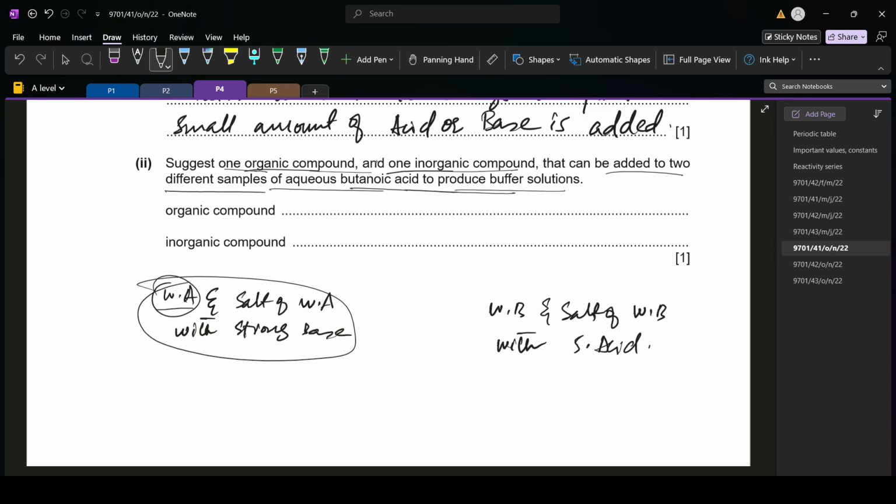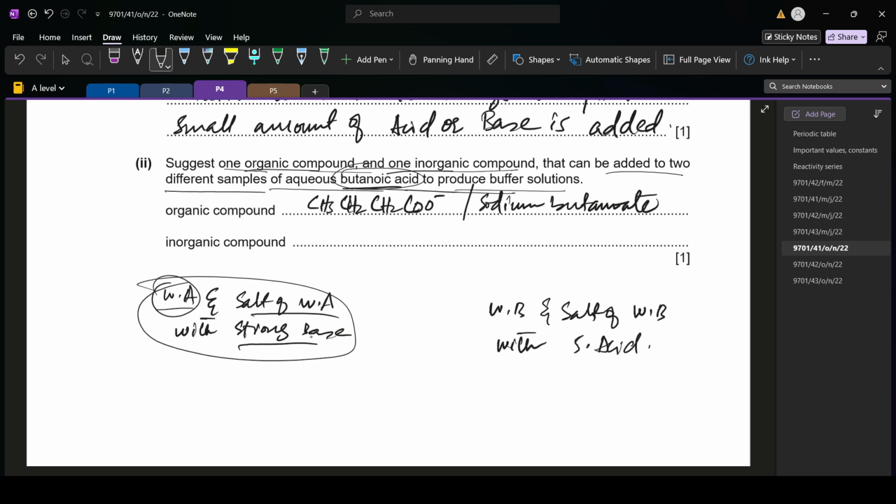We have this buffer solution. The weak acid is given to you, which is butanoic acid. Now the salt of this weak acid will be the organic compound. This will be a salt of butanoic acid, so you can say sodium butanoate, which will have this ion CH3CH2CH2COO-.